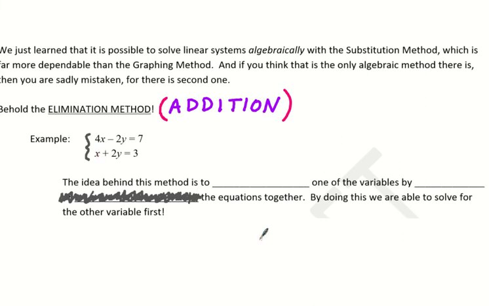But real quick, don't write this down. What if it was like 3x minus 7y equals 2, and the other equation was like negative 4x plus 5y equals negative 1?